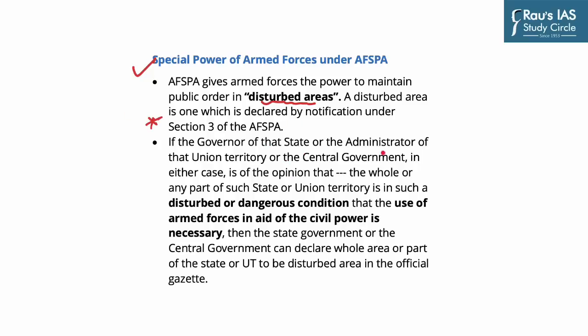If the governor of the state or the administrator of the union territory or the central government in either case is of the opinion that the whole or any part of such state or union territory is in such a disturbed or dangerous condition that the use of armed forces in aid of civil power is necessary, then the state government or the central government can declare the whole area or a part of the state or UT to be a disturbed area in the official gazette.